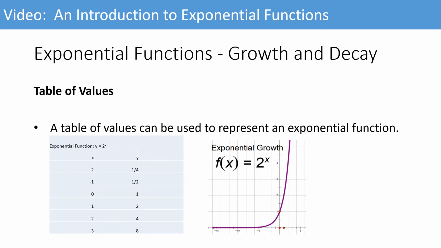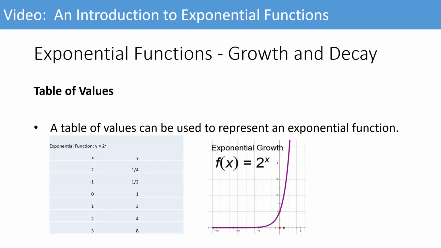Now here's an example of a table of values. In a table of values, you're going to have a column of data for the x values. These are the values that we will put into our formula for x. And in the y column is the answer we get, or the f of x value we get, when we enter in or substitute in the corresponding x value.